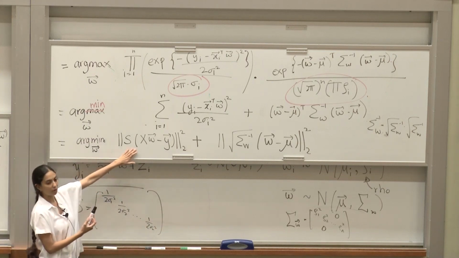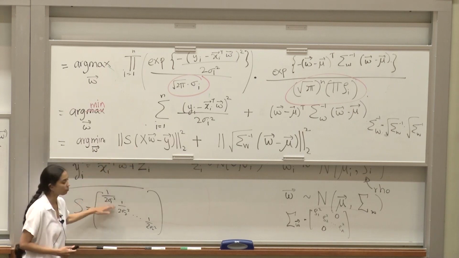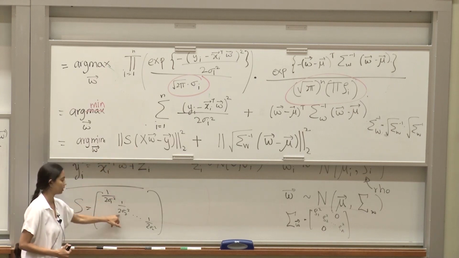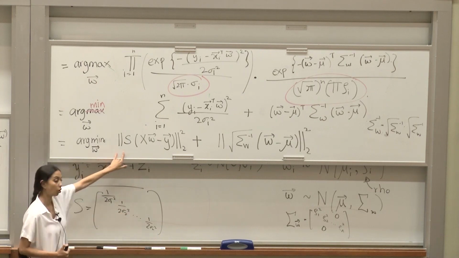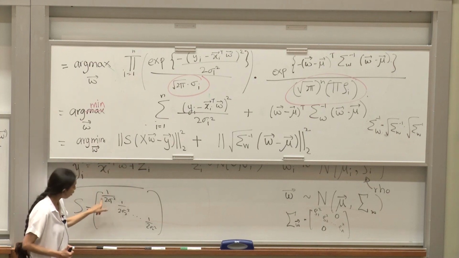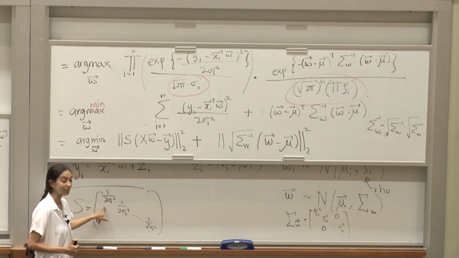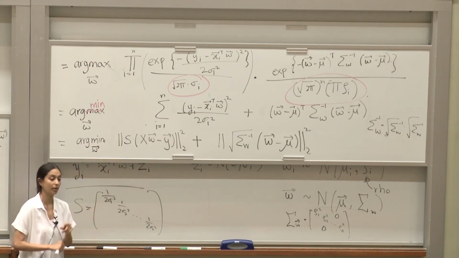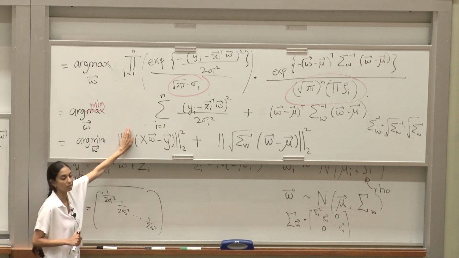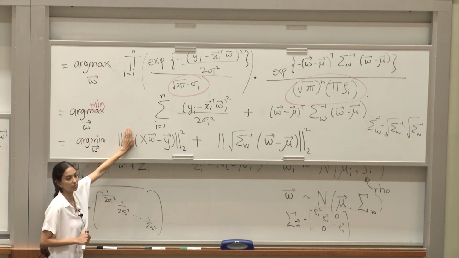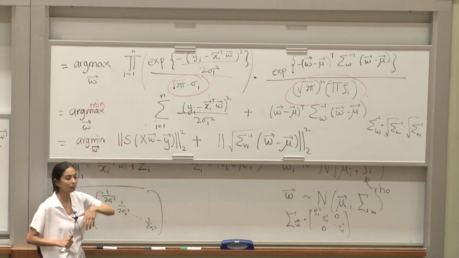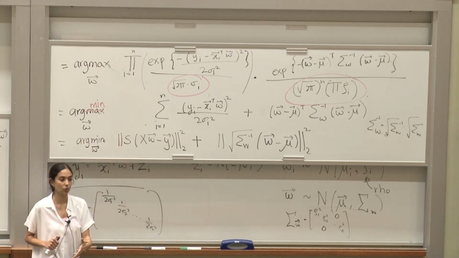So what S would allow me to do is, if I had a lot of confidence in my first few equations, if these variances were very small, and these were very large, S would allow me to incorporate that into my cost. If my data was truly identically distributed and had the same variances, then I wouldn't need to write this S. But if they had distinct variances, then this S would tell me which data points are more reliable and which ones are not. Does that make sense?